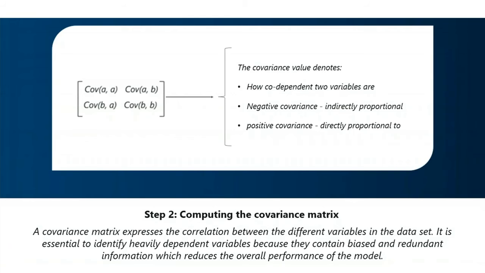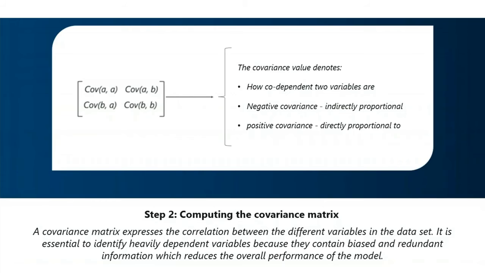Now, this covariance matrix expresses the correlation between the different variables in the data sets. It is essential to identify heavily dependent variables because they contain biased and redundant information, which reduces the overall performance of the model.